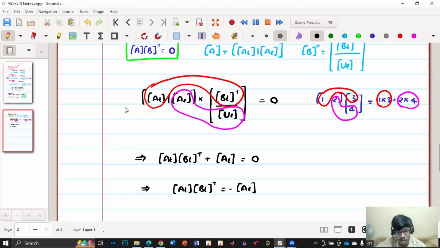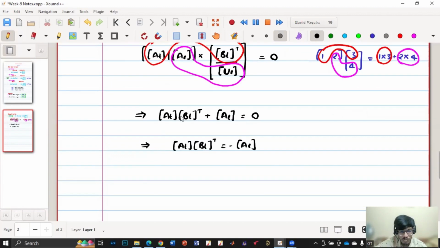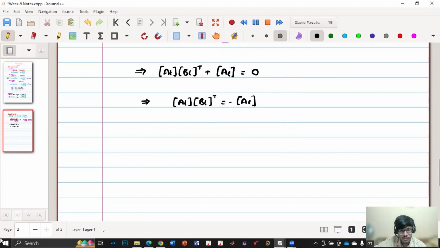So until this point, is it clear how we are multiplying it and getting this equation? Yes. Okay. Others also? I hope it is clear.